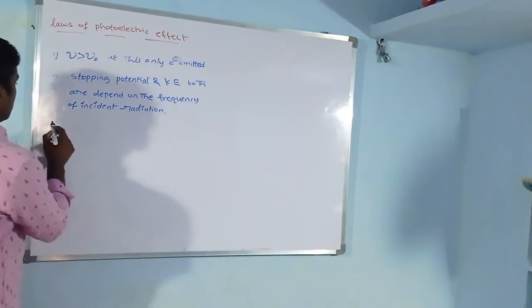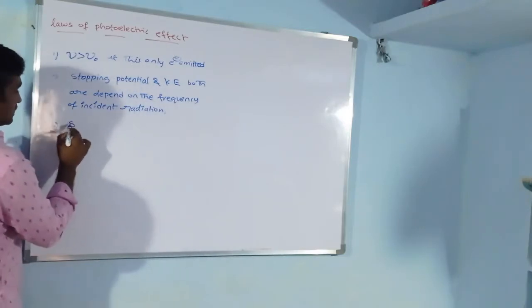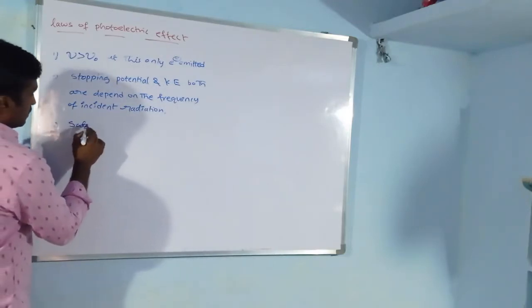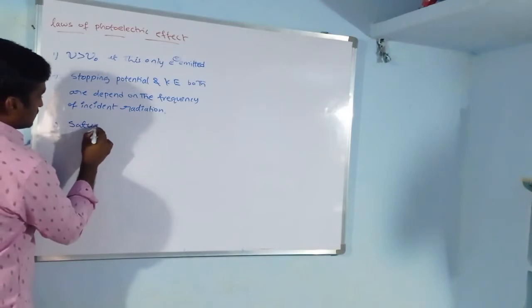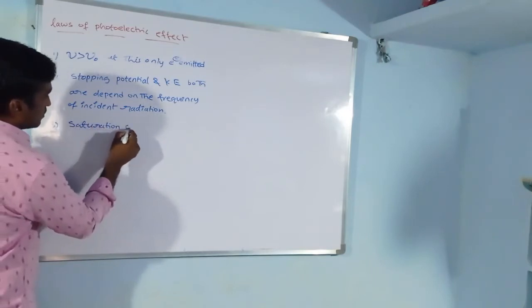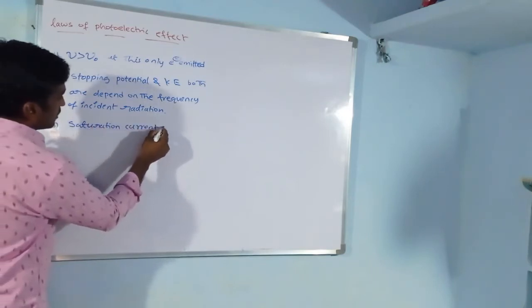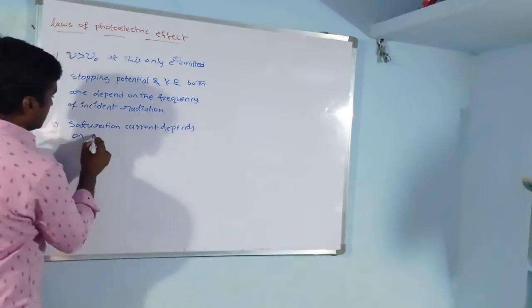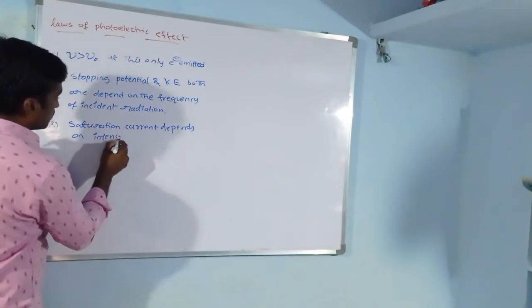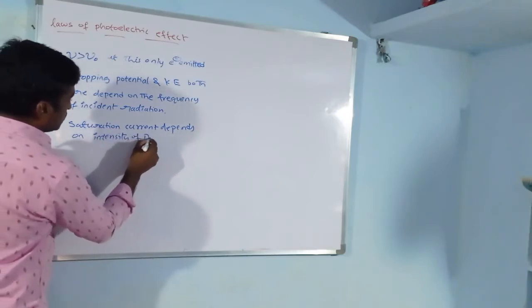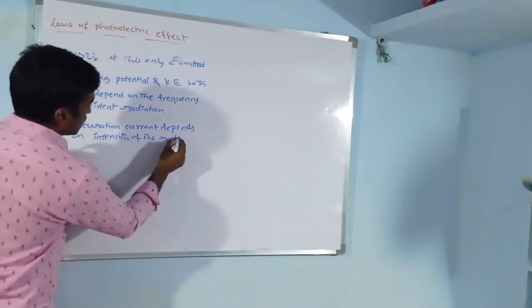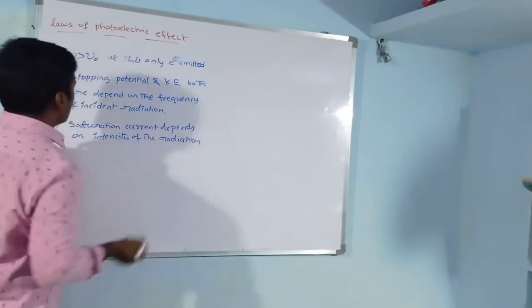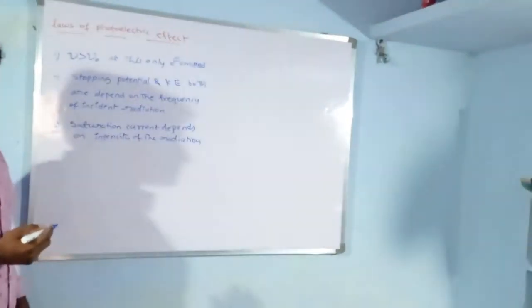The third one is that the saturation current of the electrons depends on the intensity of the radiation. Saturation current means the maximum current.